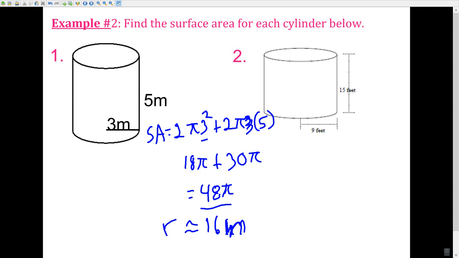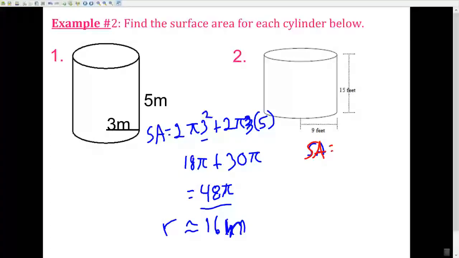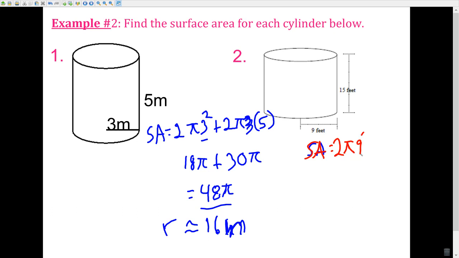The next one here, just some bigger numbers, but still manageable. Surface area, I'll use a different color for you. Red. Surface area equals, and there's a lot to write, 2 times pi r squared, so 9 squared, plus 2 pi r, which is 9, times 15, which is the height.